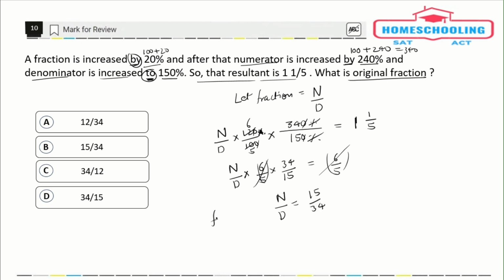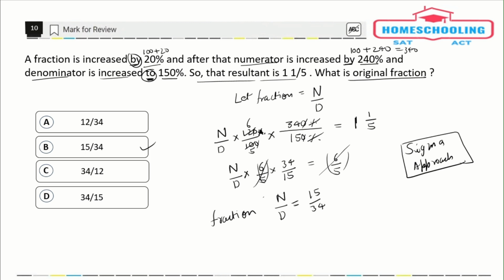Hence your fraction, numerator by denominator, is equal to 15 by 34. We're not using the normal method, we are using the sigma approach, the shortcut method, to save your time. If you go with the conventional method, it will take a lot of time. So your answer would be option B, 15 divided by 34.